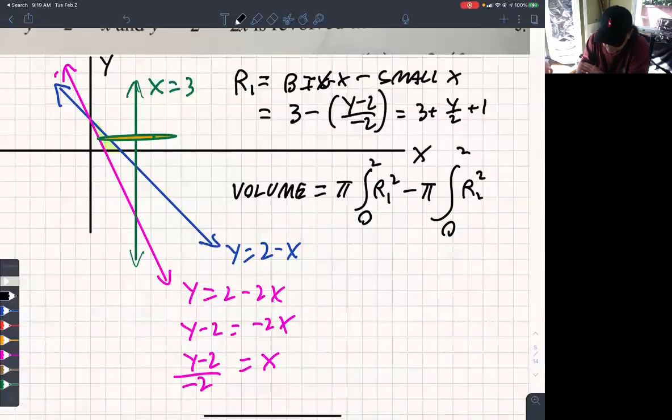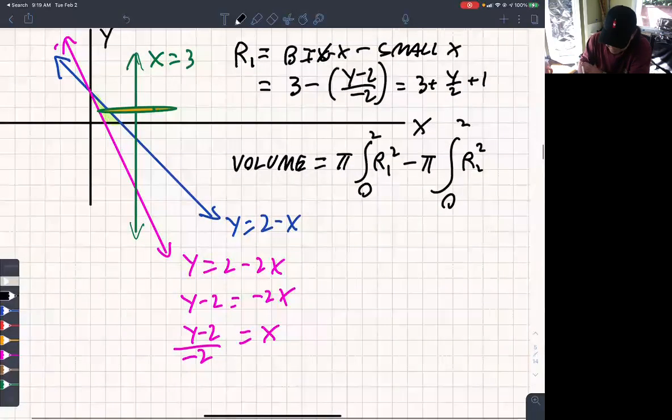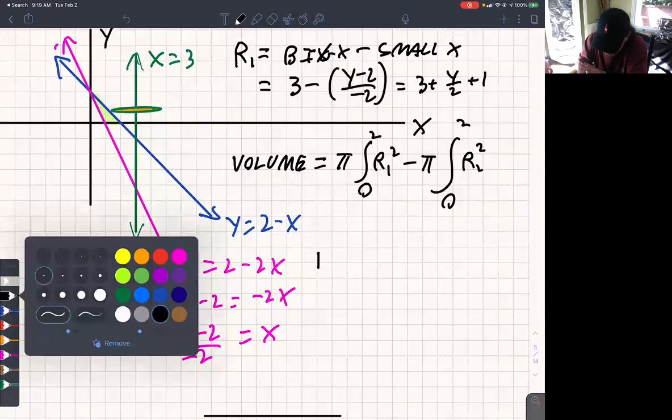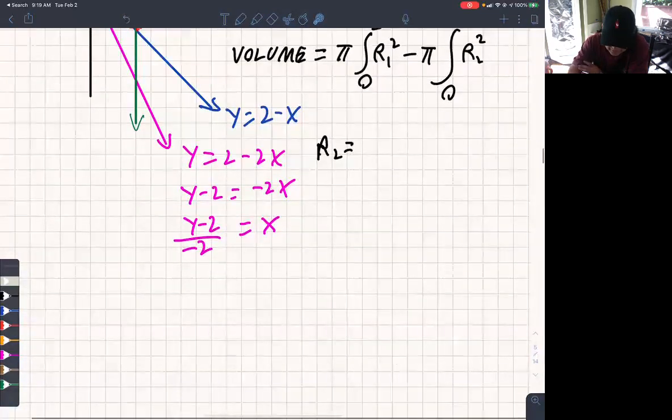Okay. Now, what's your little r going to be? Your little r will always go from the closer graph to the axis of rotation. So my little r, which I'll call R2, is going to be big X minus small x. So it's going to be the green line minus the blue line.